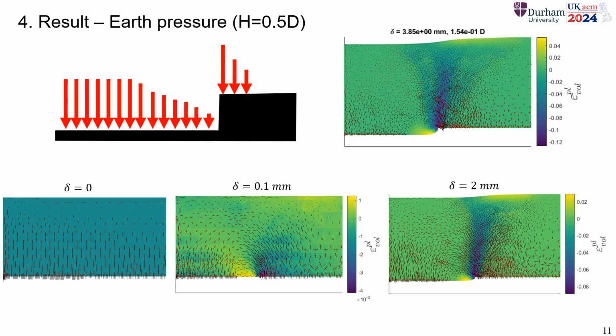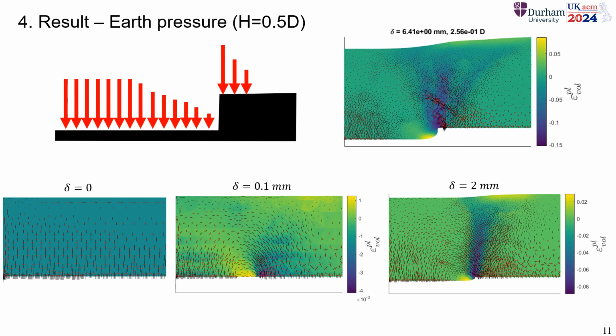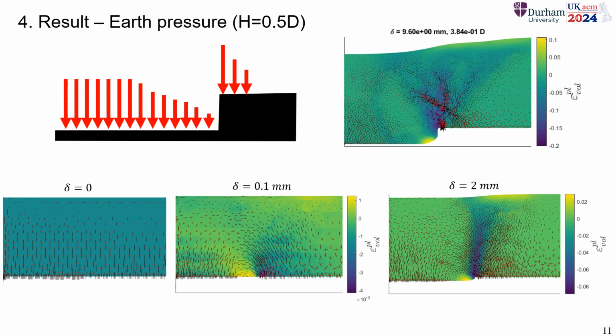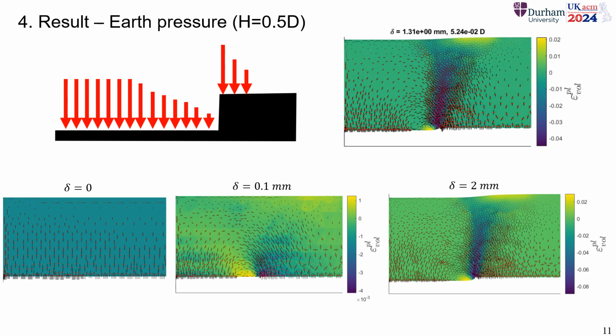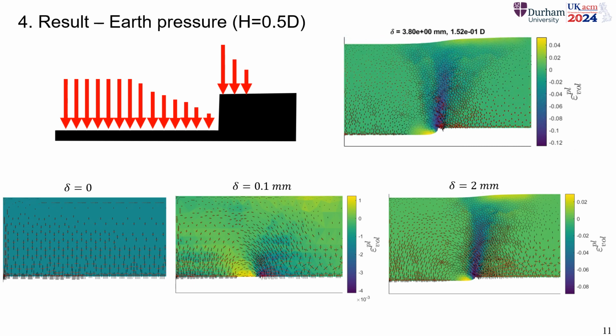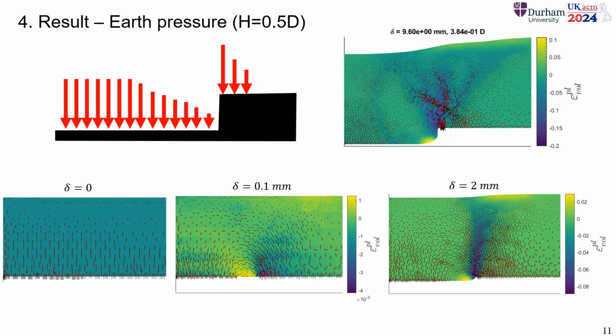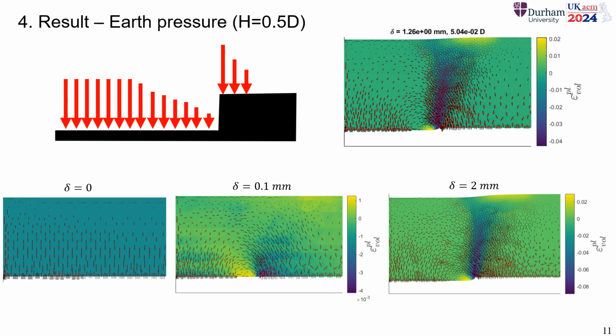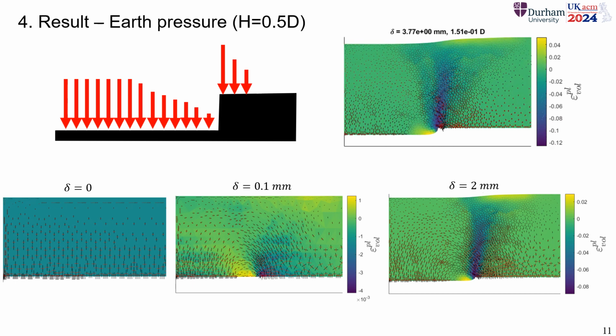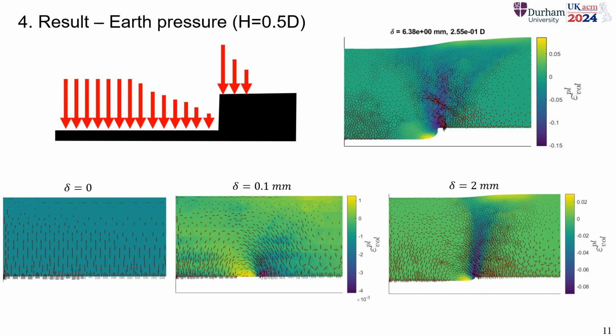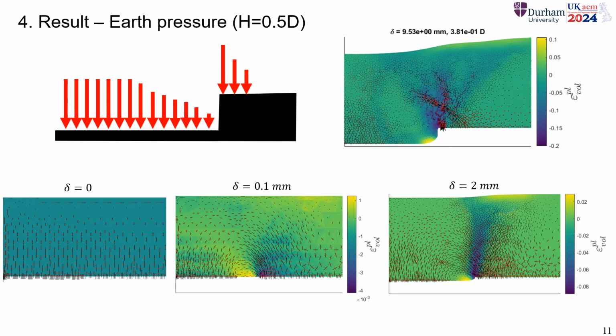So, results, earth pressure. At the initial state, we're plotting the stress eigenvectors. The principal eigenvector is black, the secondary is red.